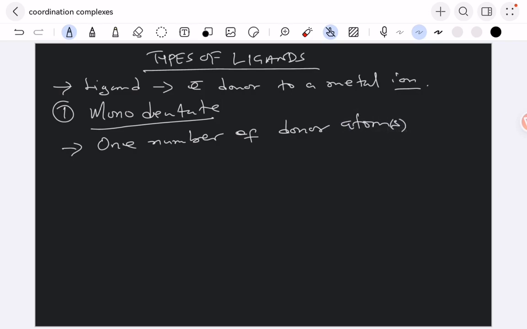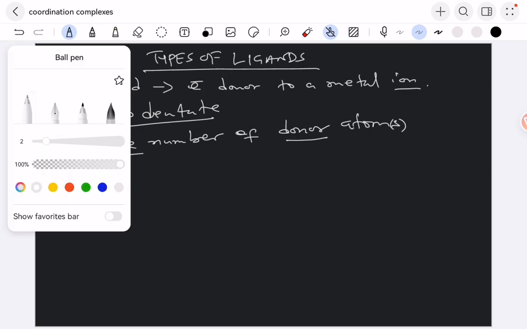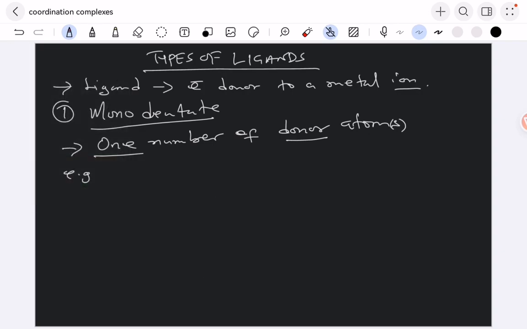There's only one donor in these particular compounds. We can give examples. In water, when we look at it from a structural perspective, there's only one donor, which is oxygen. So oxygen donates the electron.